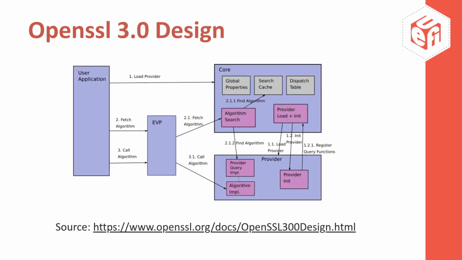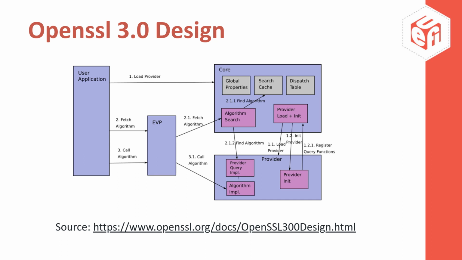One natural replacement is OpenSSL 3.0. OpenSSL 3.0 introduced new APIs and also provides a compatibility mode for the existing 1.1 API. This figure shows the OpenSSL 3.0 design. The 3.0 release splits the code into a core and providers. The core is a component in libcrypto that enables applications to access the algorithm implementations offered by the providers. A provider is a unit that provides one or more algorithm implementations.